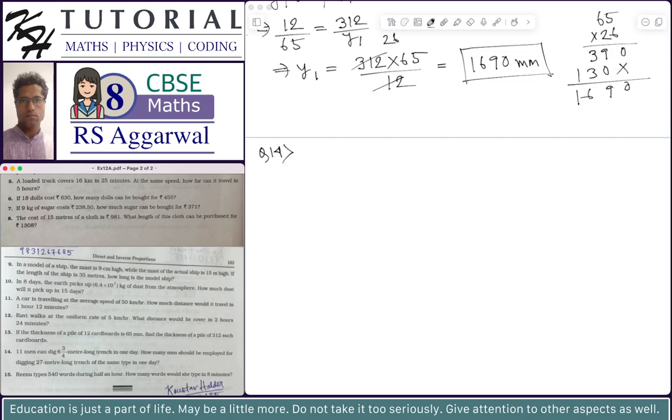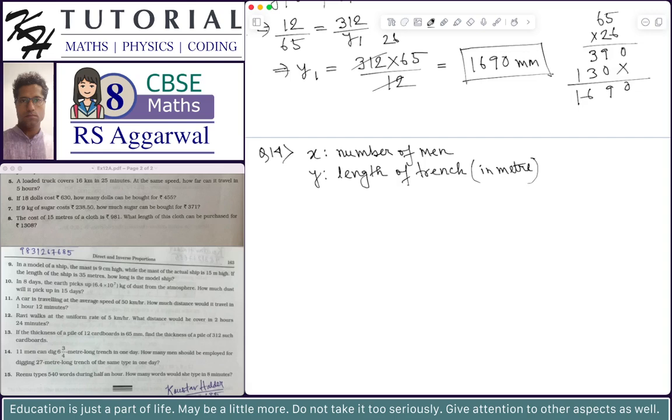So definitely the number of men and the length of the trench will be in direct variation or proportion, keeping in mind that the number of days for which the men are working is fixed, which in this problem is one day. So we can assume X as the number of men, and Y as the length of trench in meters.